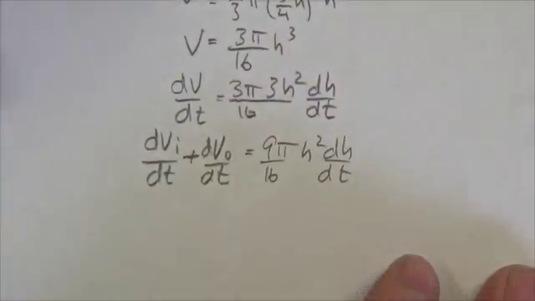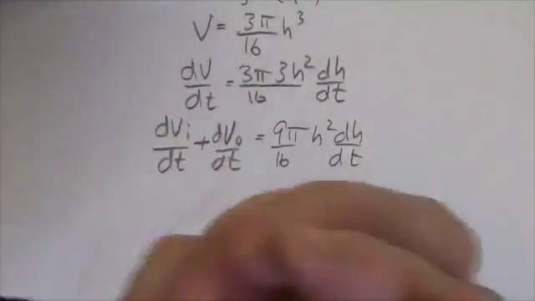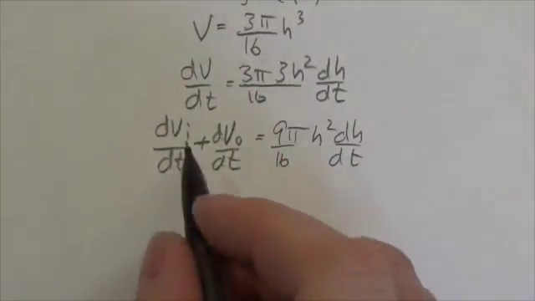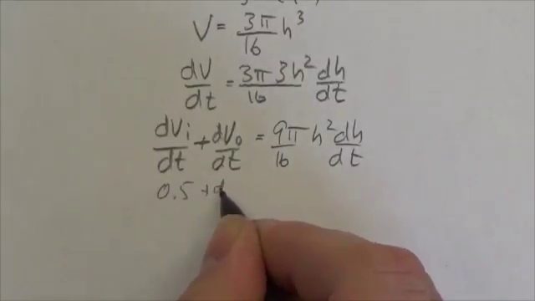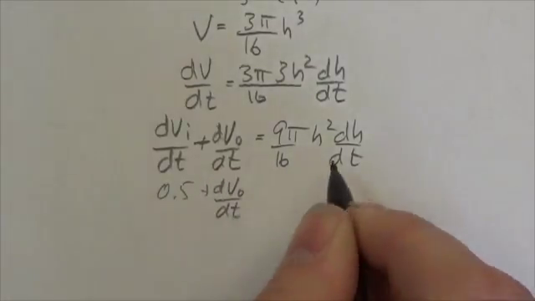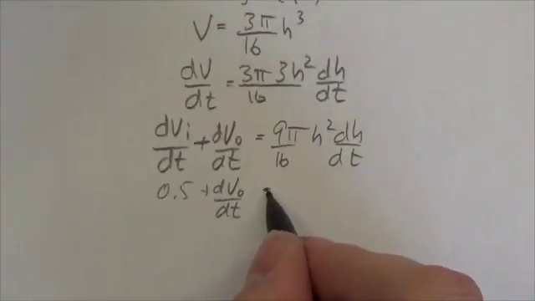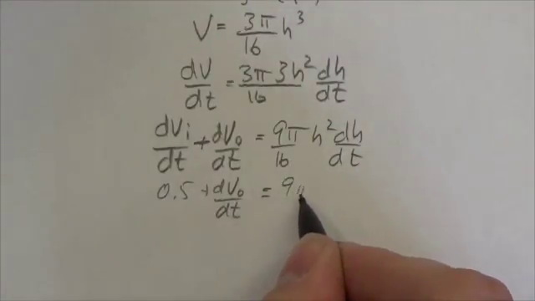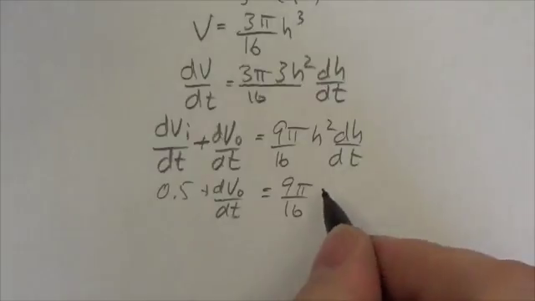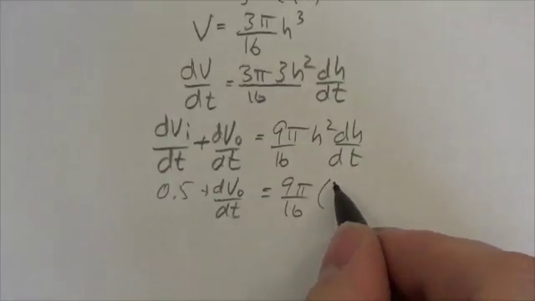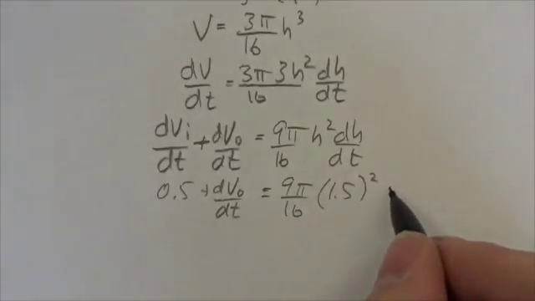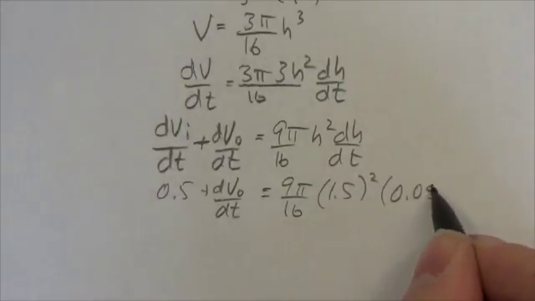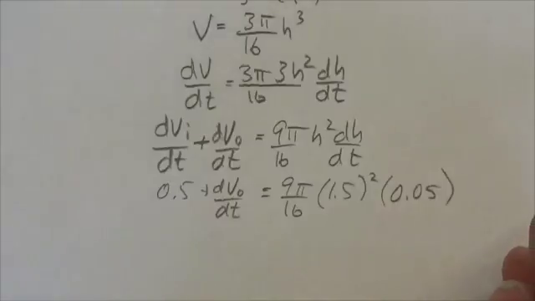Now we'll start to plug in the things that we know. We know that dVi by dt, the volume going in, is 0.5. I don't know how quickly it's leaving; we'll figure that out in a second. I know this is going to be 9 pi over 16. The height we said was 1.5 meters, squared. And I know that dH by dt in this case was 0.05 meters per minute.